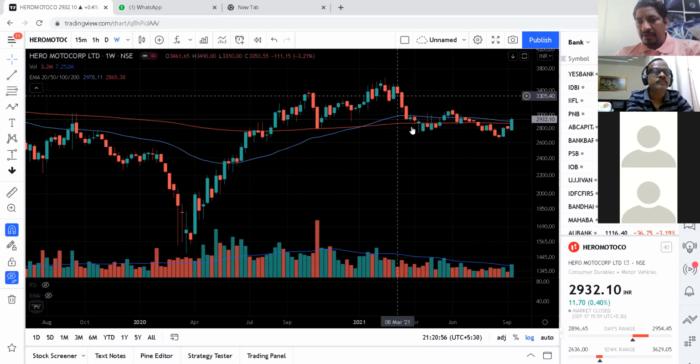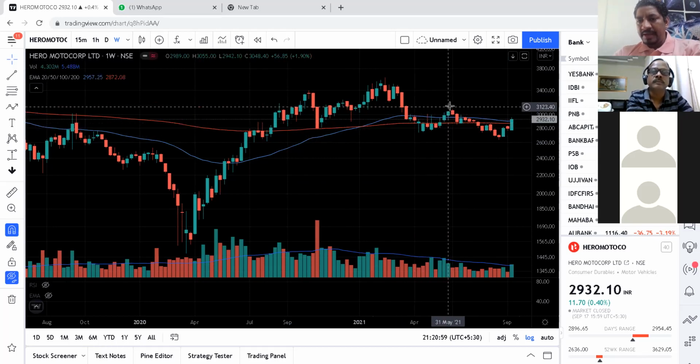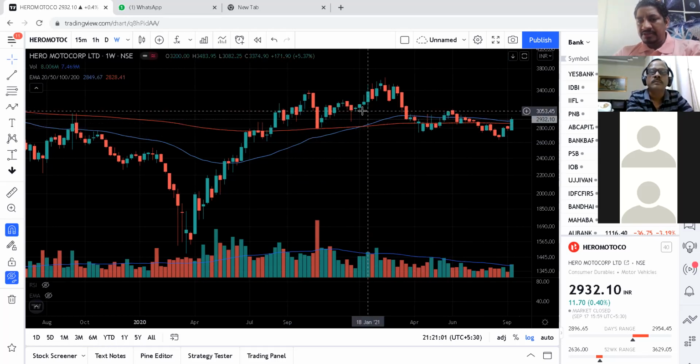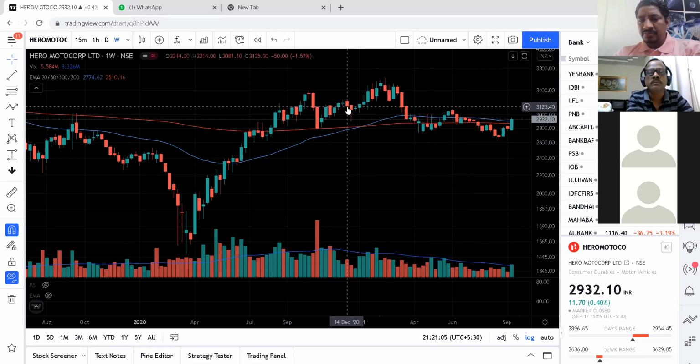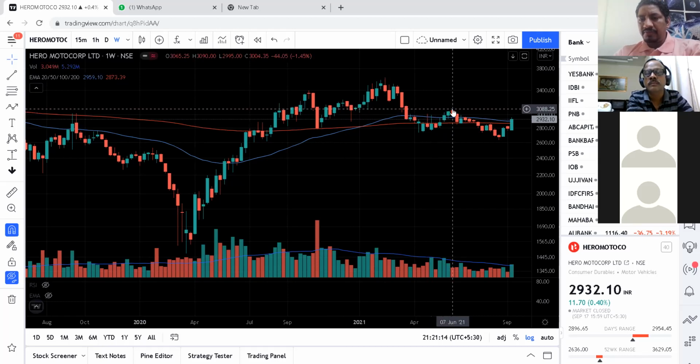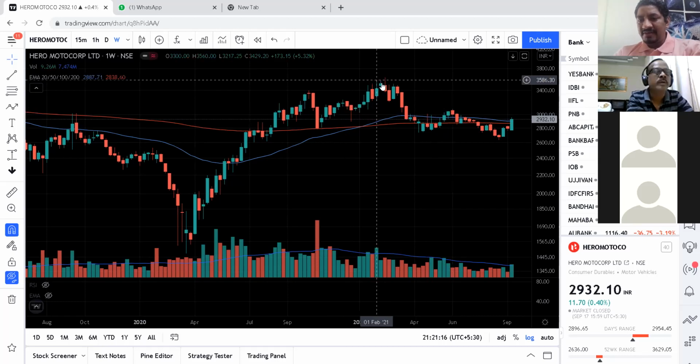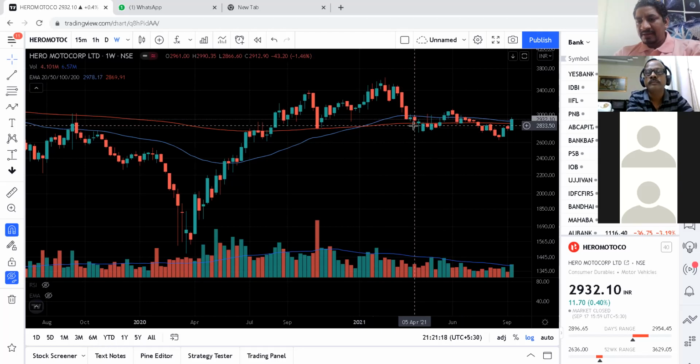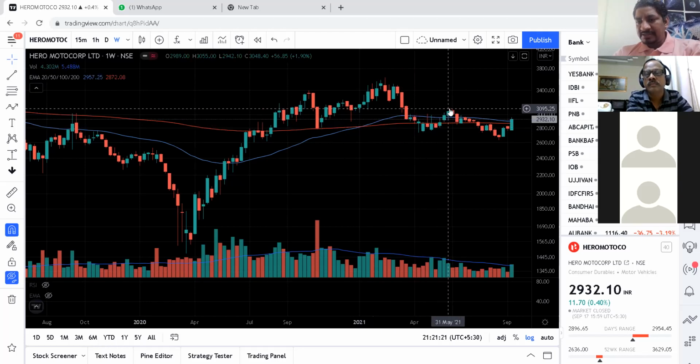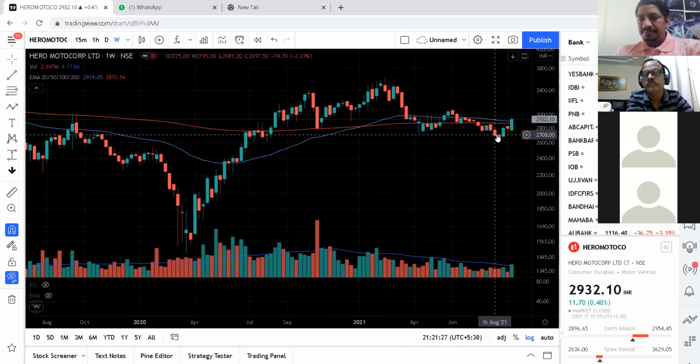When something falls also, any pullback will face the same resistance which was support earlier, like this one. This was the earlier swing low. The same thing becomes resistance, which was support. So it is a kind of retest. It was falling, took the pullback, retested its breakdown zone, and then fell again.